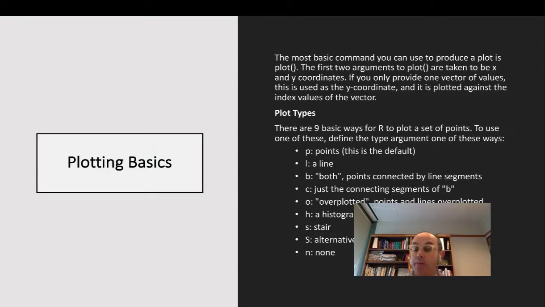As for the type of plot, there are 9 basic ways for R to plot a set of points, and to use one of them you define the type argument. For example, p for points, l for a line, you can use both, or c, b as conjunction segments, o for overplot, h for histogram, s for stairs, or n for none of the above.